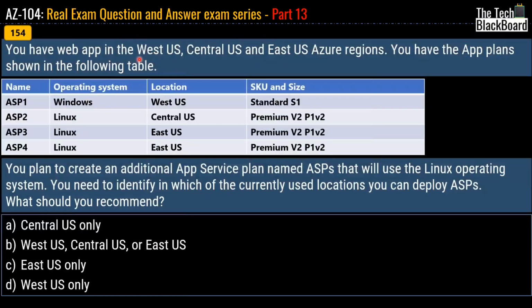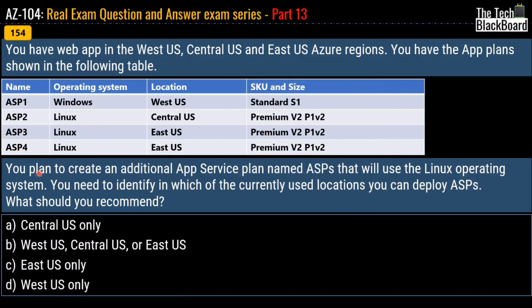Moving on, our question number 154 says that you have a web app in West US, Central US and East US Azure regions. You have the app plans shown in the following table. You can see in this table, we have different app service plans and these are the names of the app service plans. Then we have operating system, locations, SKU and different sizes.